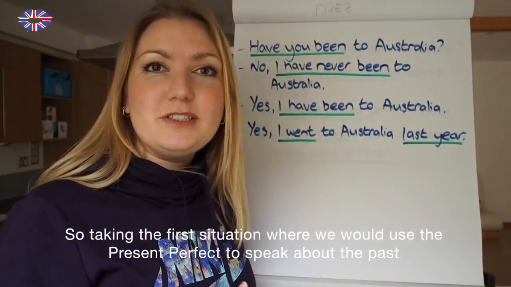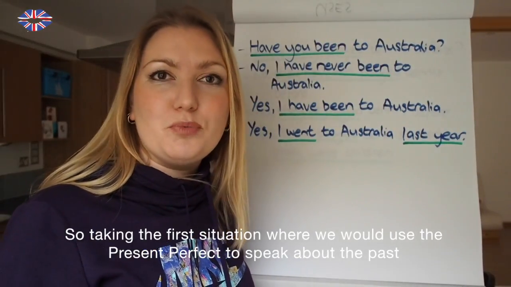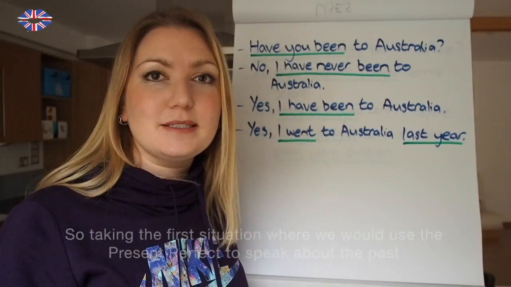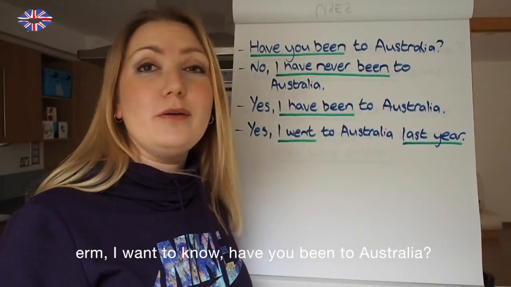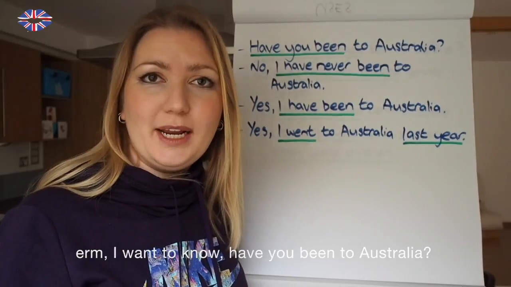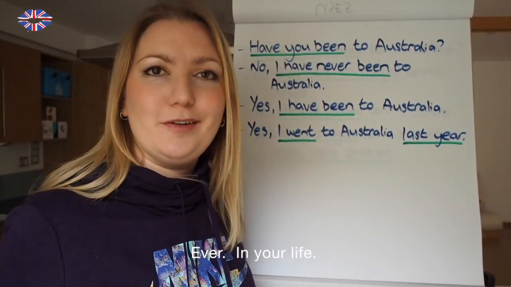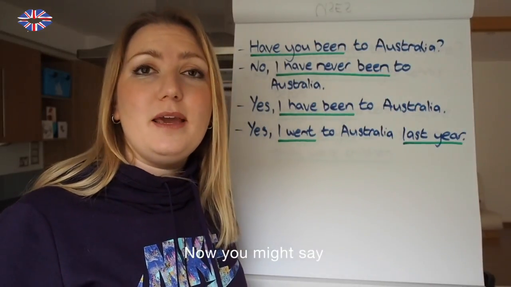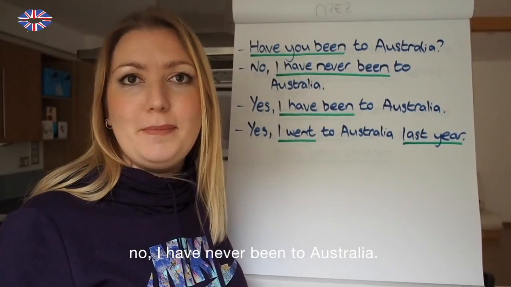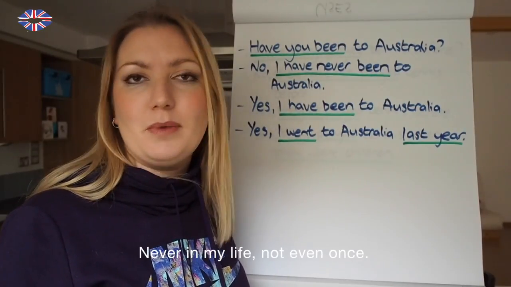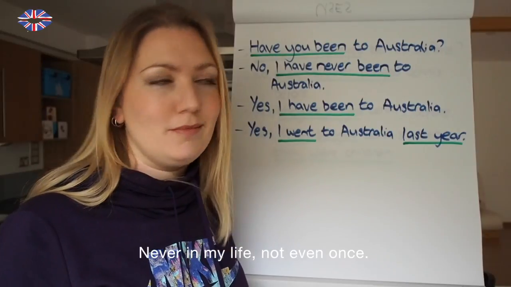So taking the first situation where we would use the present perfect to speak about the past, I want to know, have you been to Australia ever in your life? Now you might say, no, I have never been to Australia. Never in my life, not even once.